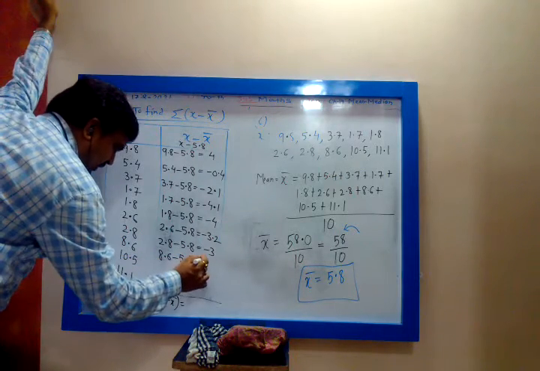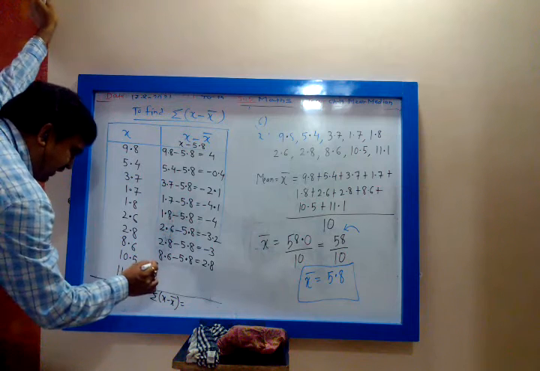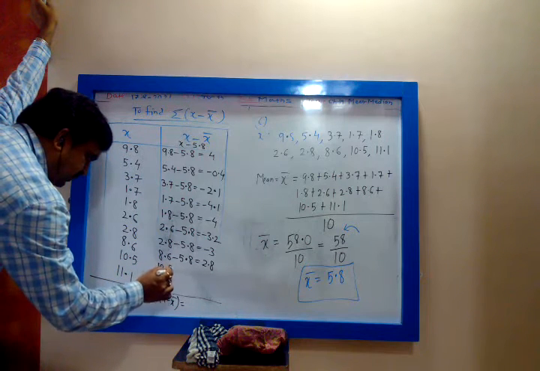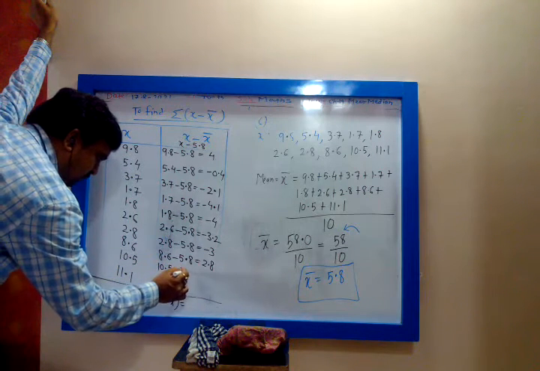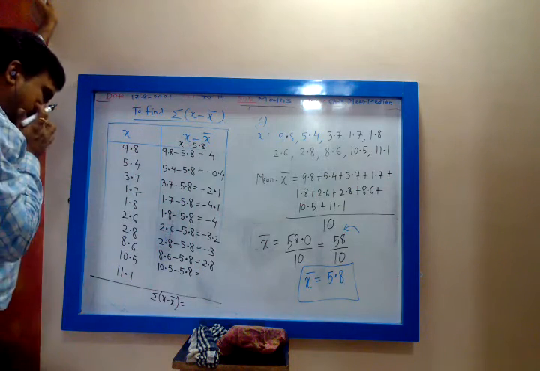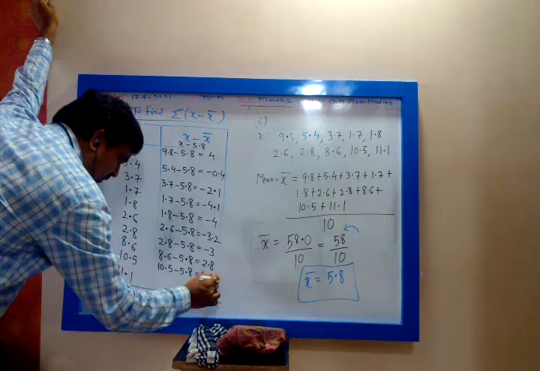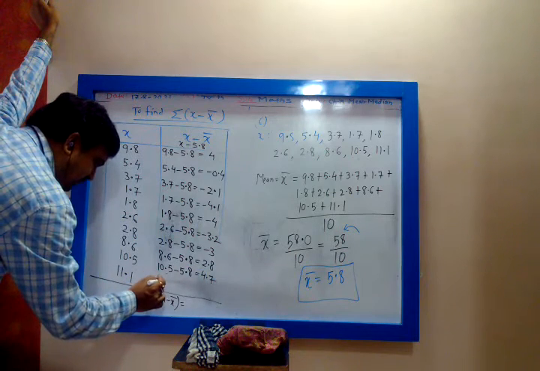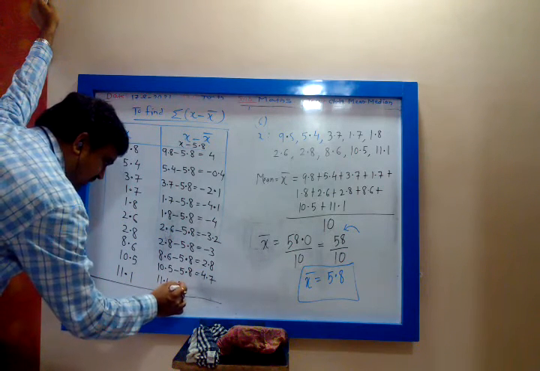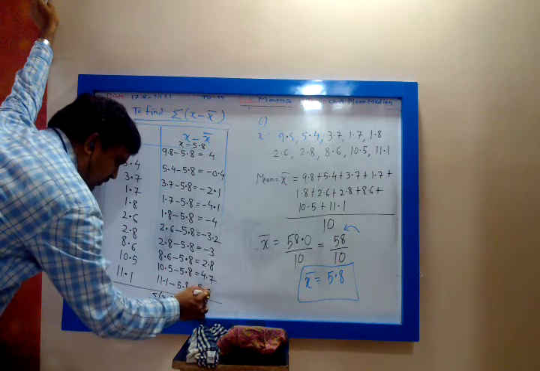2.8. Then 10.5 minus 5.8. How much? 4.7. Yes, 4.7. Then last it is 11.1 minus 5.8, which is 5.3.